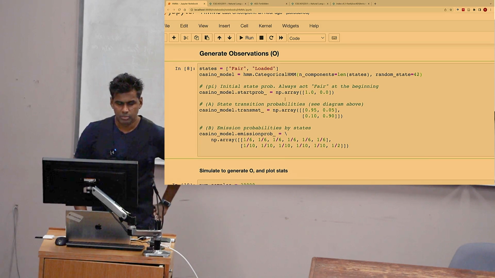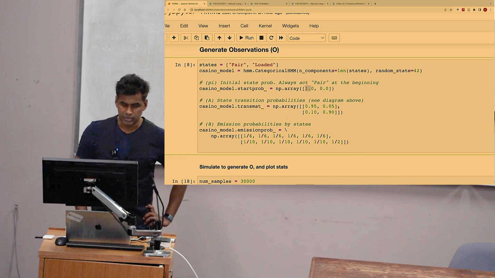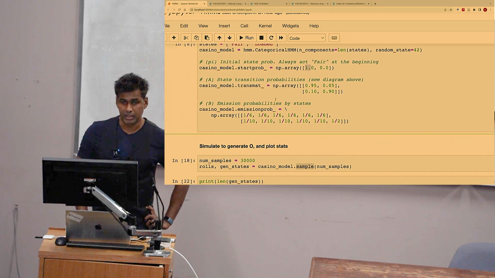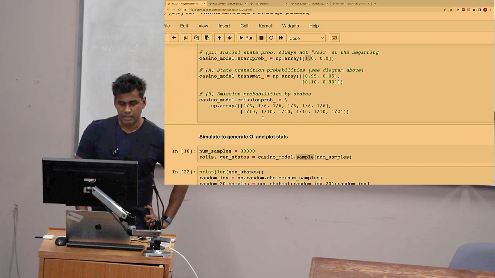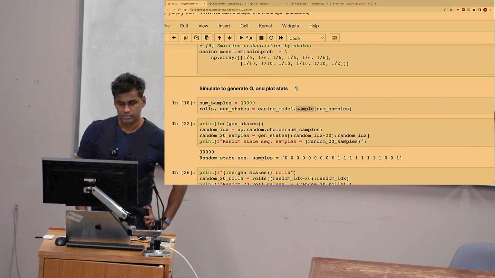And here we are defining our pi and theta model parameters. The initial start probability is that we always start in fair because we don't want to get caught, or the casino doesn't want to get caught. The transition probability is just a codification of the diagram that we have seen. And then we have the emission probability, the parameter B, which is again a codification of what we have seen on the diagram.